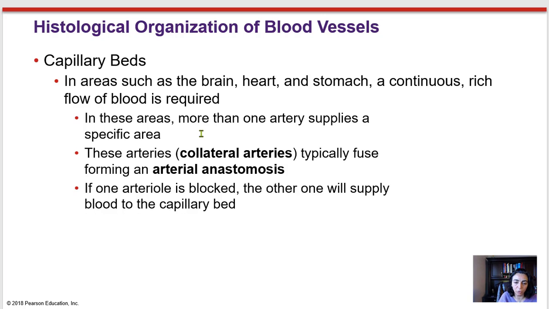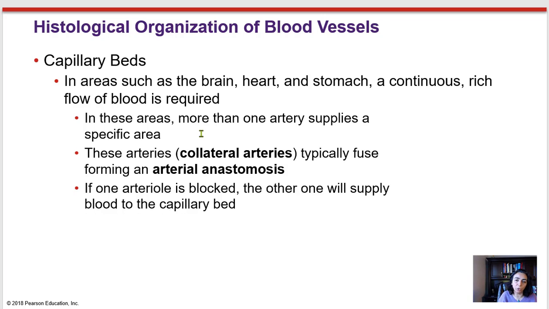We call those collateral arteries. And most of the time, at the very end, they are connecting to each other. Even if they have come from different places, when they connect to each other, we call that connection anastomosis.